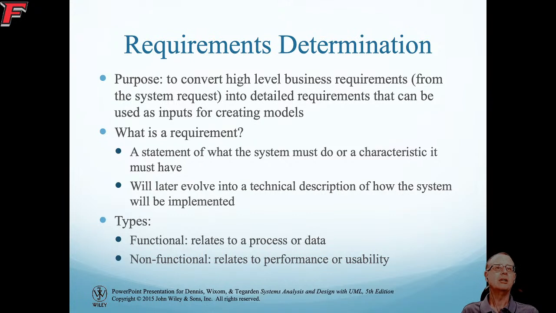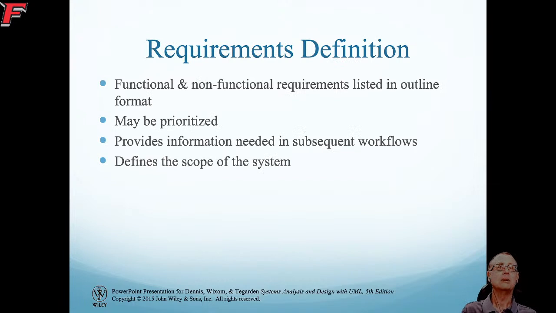Eventually we're going to evolve it into a technical description of how the system will be implemented. But this document is primarily about what. And it says functional and non-functional down the bottom. I prefer the term cross-functional for performance or utility related stuff.